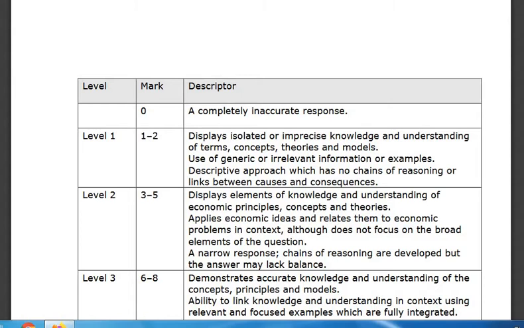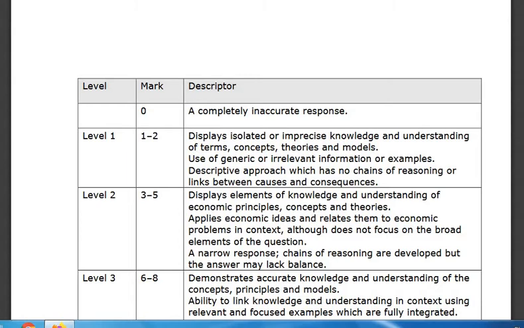But you don't care about that. You still give the example of flood defences that's completely irrelevant to the context. So if you just write generic, standard answers that aren't applied, you can end up trapped in level 1. It doesn't matter how many points you make, you will be in level 1.